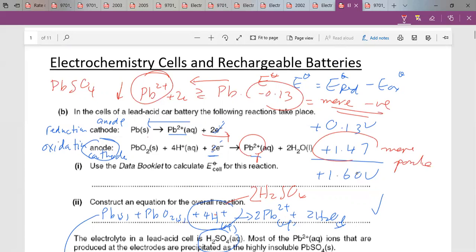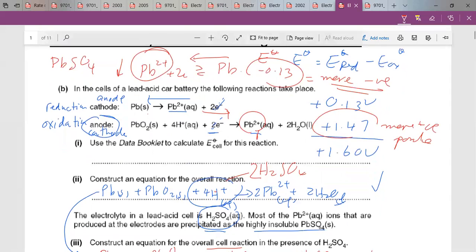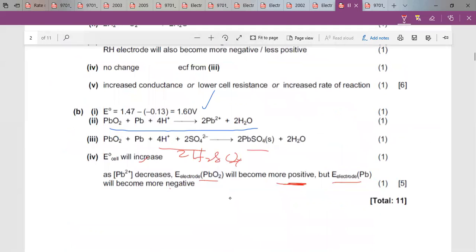More negative, more positive. So go and think about it. The E electrode for Pb becomes more negative, correct? PbO2 becomes more positive, because this one will be this one minus this one. More negative now.